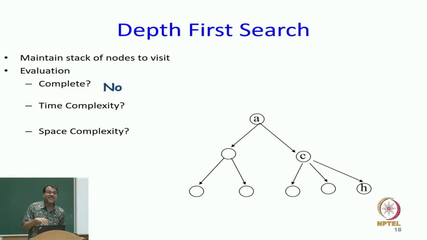So, I have to basically search the whole of the subtree in the worst case, because it is possible that my goal is the last node that I encounter in my search tree. So, my worst case time complexity would be b to the power m. Because what is the full size of my search tree? It is b to the power m.